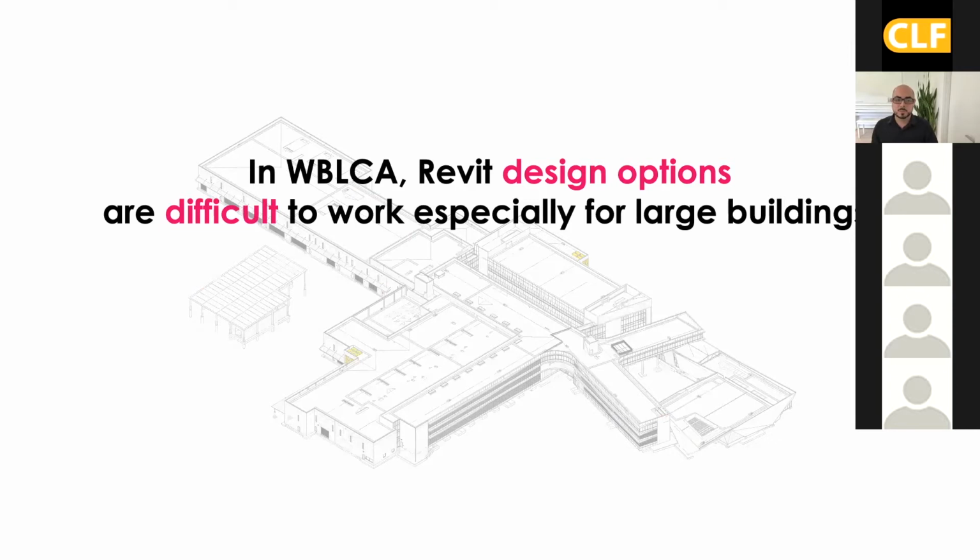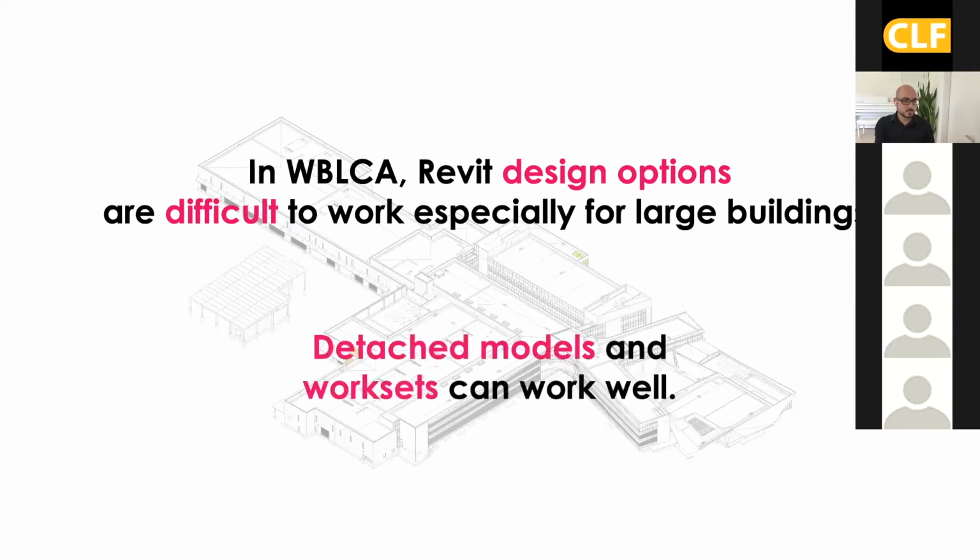When you get into whole building LCA and you have thousands and thousands of elements, it's really hard to create multiple design options with the whole assembly now. This is where you could really focus on creating detached models and work sets for whole building LCA management.